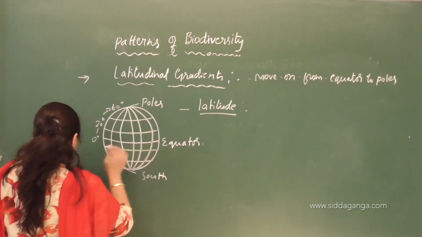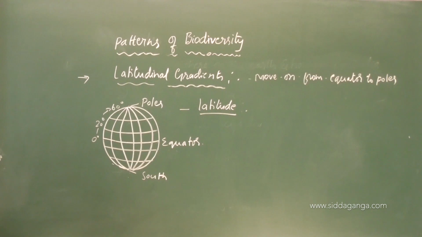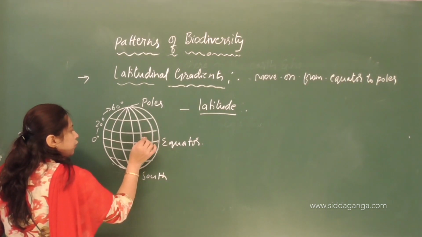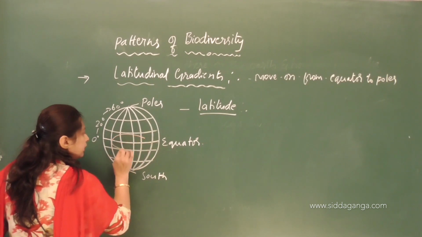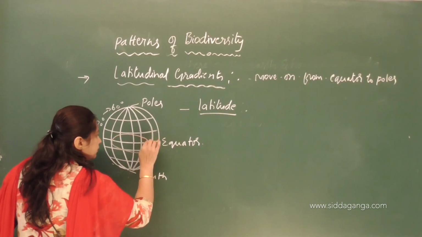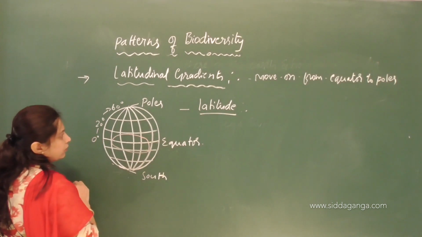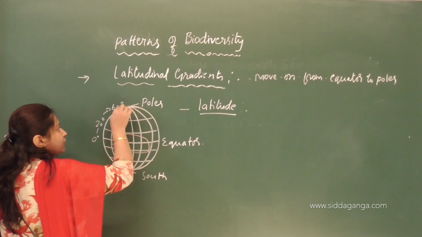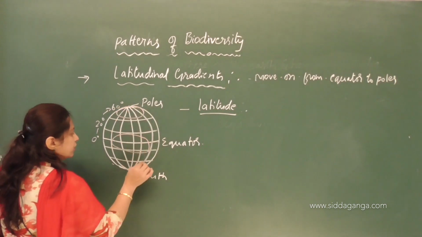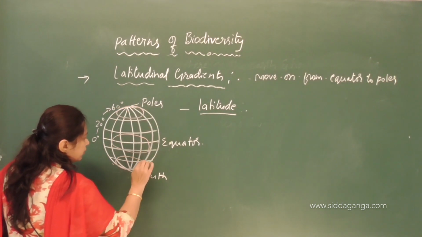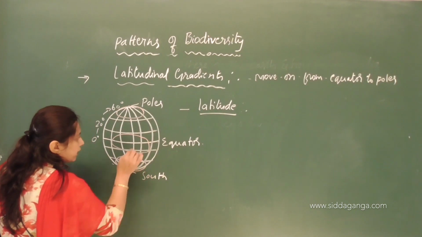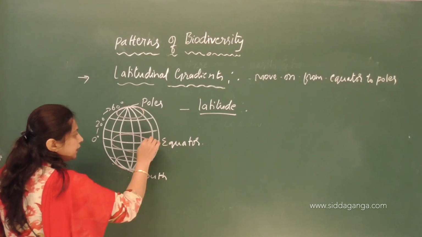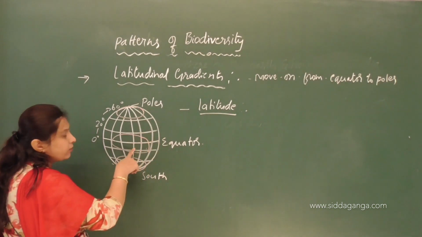The number of species is more in this region; the biodiversity is more in this region. And the biodiversity is less towards the poles. So in the equator the biodiversity is maximum.